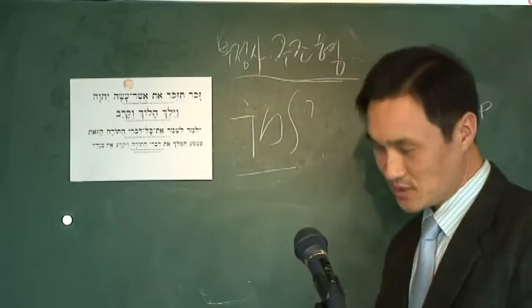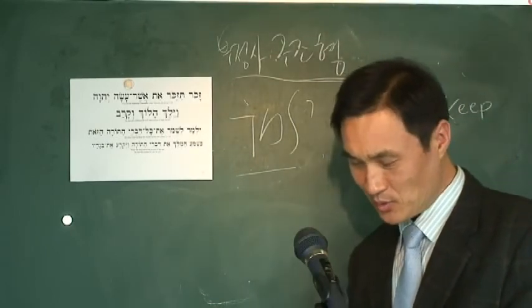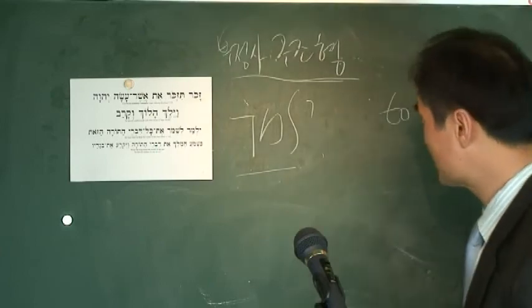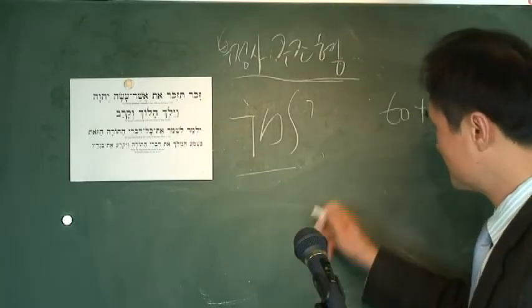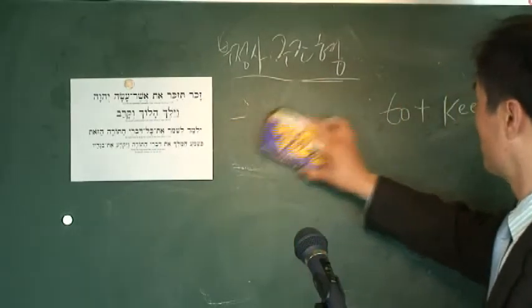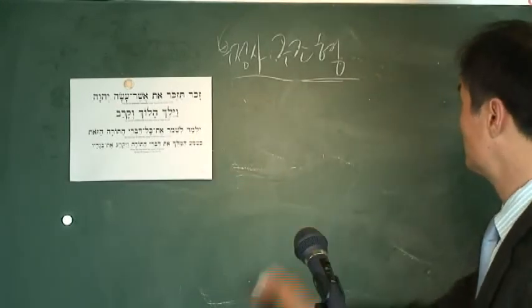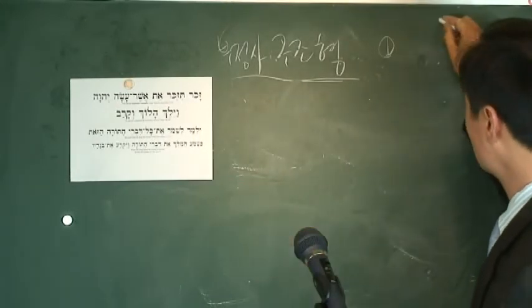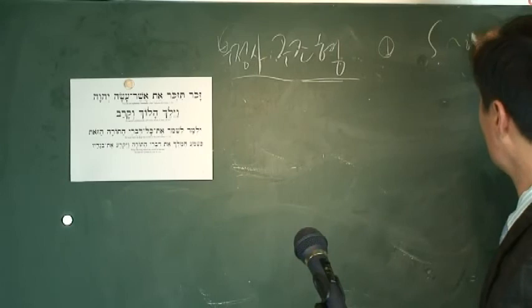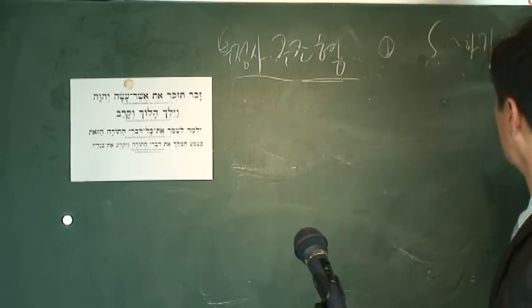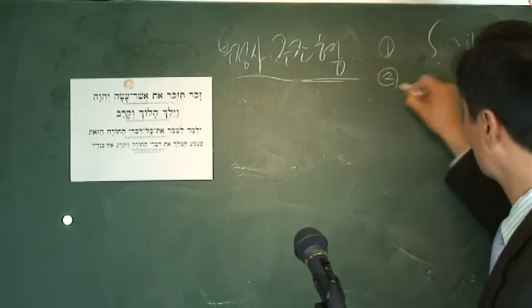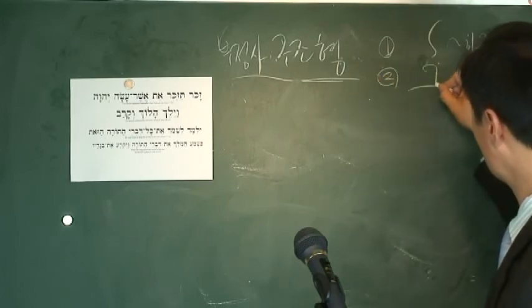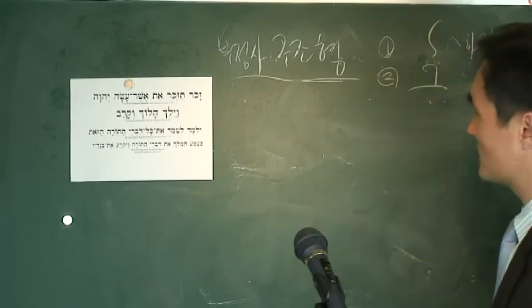Lastly, let's look at the second usage of the infinitive construct form of the kal verb. First, it meant to do something when combined with le.